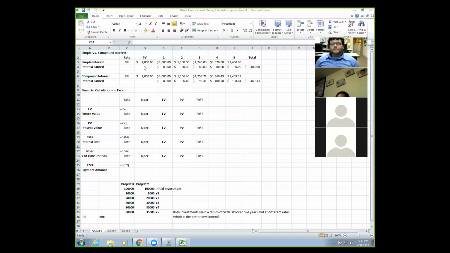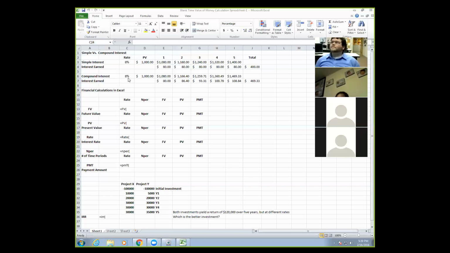That's simple interest. Compound interest is when you take that same $1,000 initial investment, earning the same 8%. At the end of the first year, you have the same amount, $1,080; you've earned $80. But the second year, instead of earning $80 in interest, you earn $86.40. Anybody know why that is? Are you earning 8% of the $1,080? Yes, exactly.